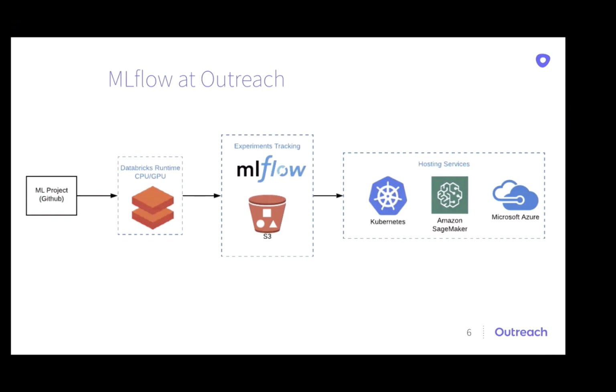We leverage MLflow projects to standardize the source code in GitHub of each ML project. We use the Databricks runtime to train and log models to MLflow experiments. After the model has been trained and validated, we want to deploy the MLflow model into several locations like Kubernetes, SageMaker, and Azure.